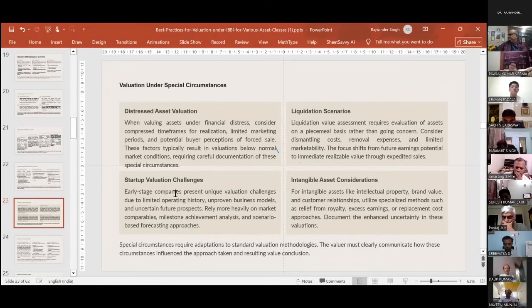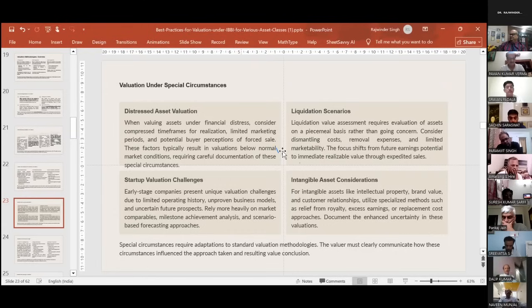And then in case of liquidation, when you are doing valuation in a liquidation scenario, liquidation value is a value which requires a valuation of assets on a piecemeal basis rather than going concern. So consider dismantling cost, removal expenses, and limited marketability. The focus shifts from future earning potential to immediate realizable value through expedited sales.